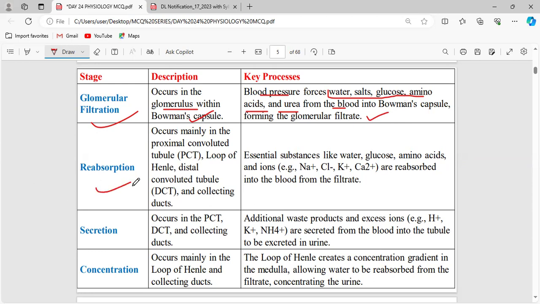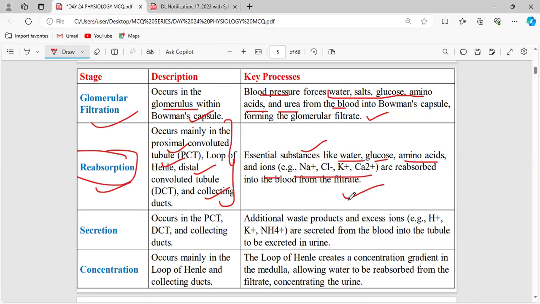Now, reabsorption. This is the second stage. The reabsorption happens in the proximal convoluted tubule, loop of Henle, distal convoluted tubule, and collecting duct. So reabsorption happens in all the structures present in the nephron. Now, what nutrients are reabsorbed? The essential substances like water, glucose, amino acids, and ions.